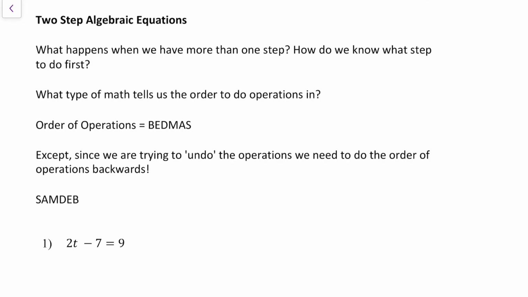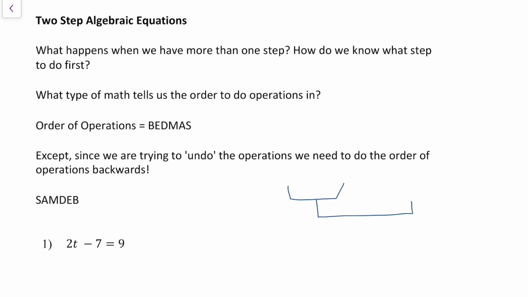And again, if we think of this in terms of a balance or a scale, here's my balance, and on this side I have 2 T blocks and a block that somehow takes away 7.